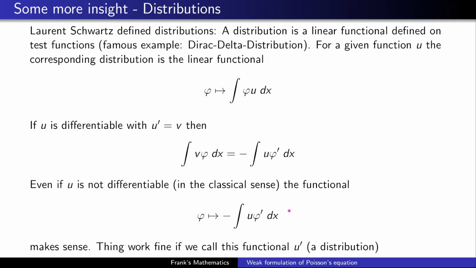And in the theory, you see that things work fine if you call this function the derivative of u, in the sense of distributions, of course. So I hope this helps to understand a little bit where this test function, multiplication and integration comes from. This can be motivated if you know a little bit about distributions.